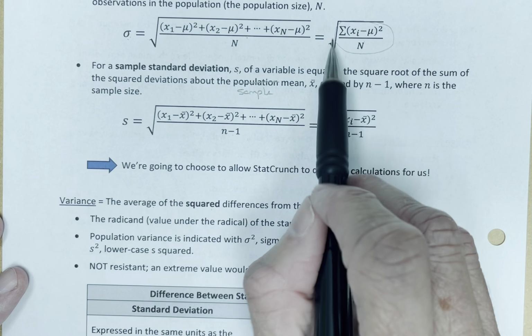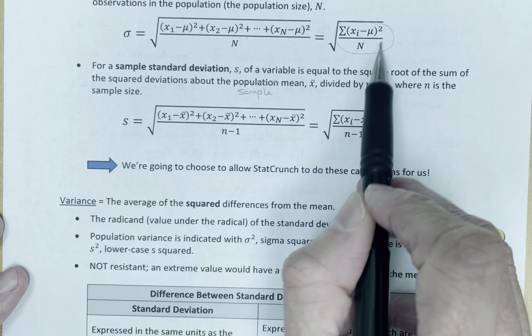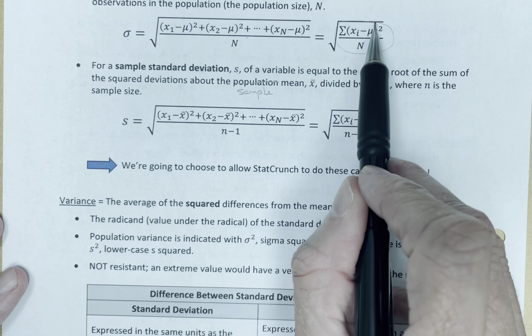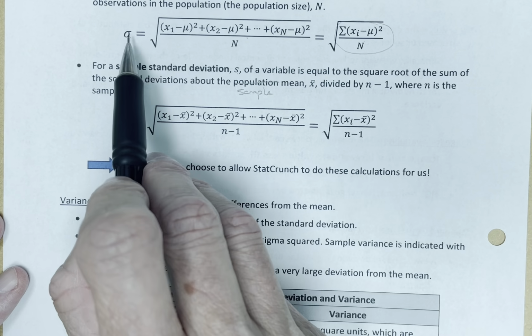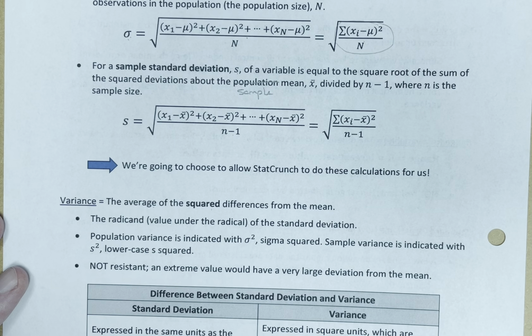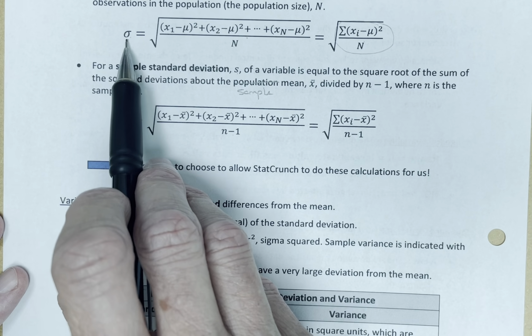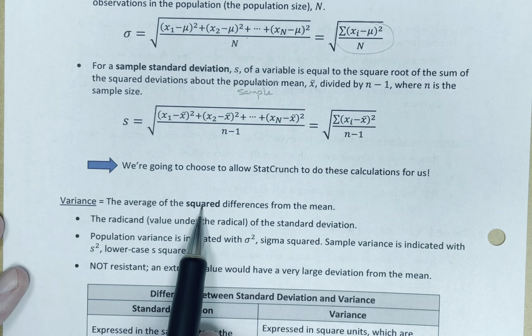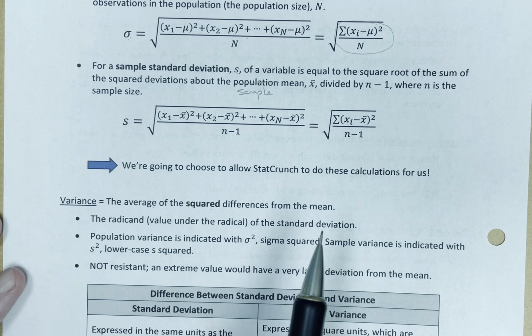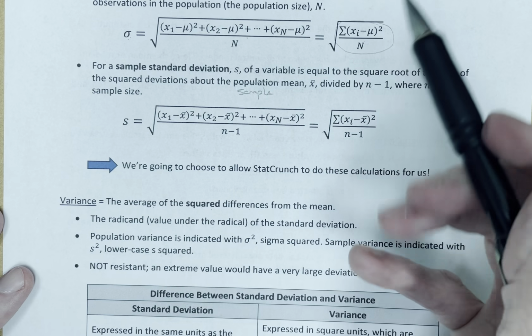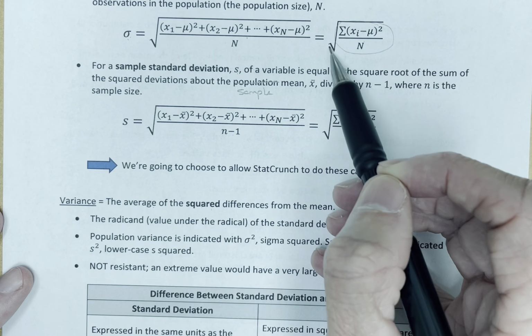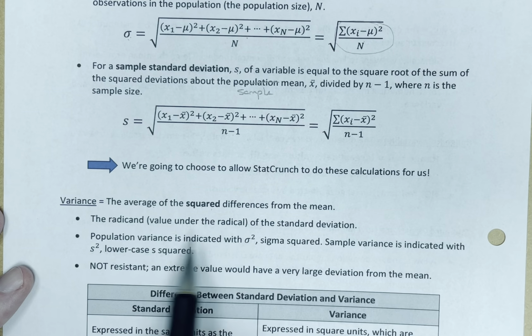So basically you calculate the variance first. You take the square root of the variance and you get the standard deviation. Or if you've calculated the standard deviation, you square it and you get the variance. Depends on what you've calculated. If you're doing it mathematically, you would calculate the variance first and then you would take the square root.